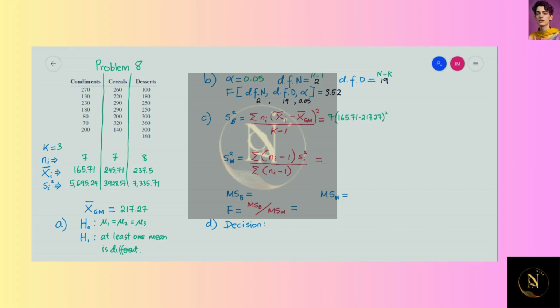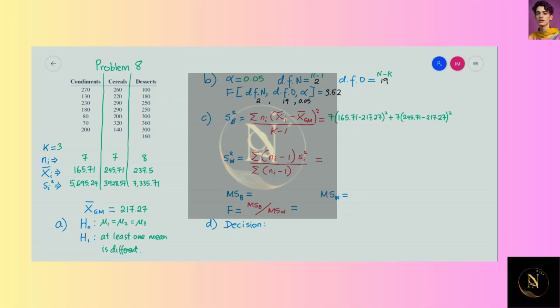Then you square that. That should be added to the sample size for cereals, which is 7, in brackets, the mean for cereals, which is 245.71, minus the grand mean, 217.27, squared.